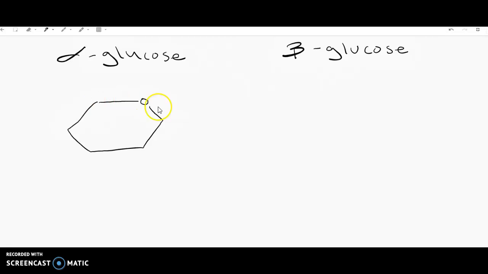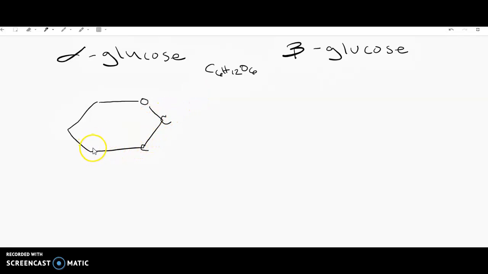At each point we're going to have a carbon molecule, and if we remember the equation for glucose, it's C6H12O6, and that's the same for alpha or beta.